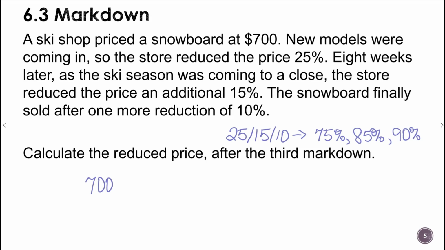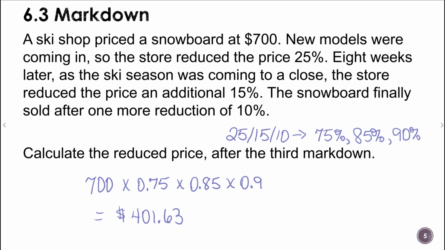And then we can use those nice numbers to just multiply and get a quick answer. So 0.75, 0.85, and 0.9 or 0.90 either way. And the reduced price then is $401.63. So that's a pretty big reduction on the original cost of $700.